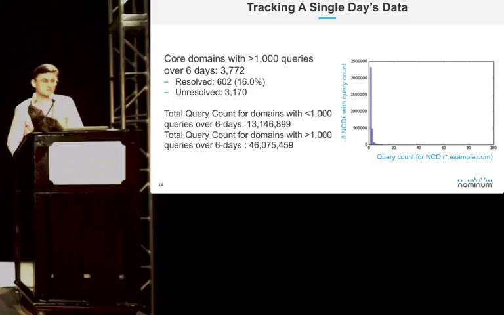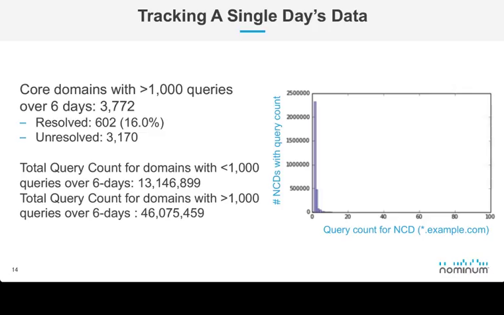Since there are quite a lot of domains, 3 million, how can we analyze it quickly? So we introduced a simple threshold. How about if we take a look only at the domains that generate over 1,000 queries over 1 week? We're still talking about new core domains that we saw within 1 day, but we added all queries to them over the following week, including the day that we saw it.